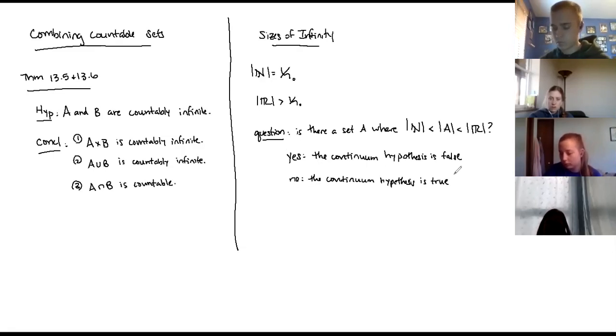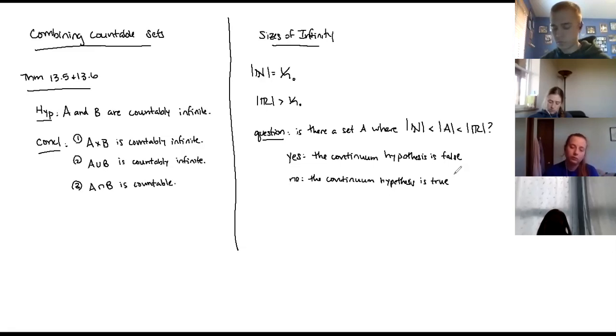And if we say no, then the continuum hypothesis is true. That's what we're saying here. It's more complicated than saying we don't know whether the continuum hypothesis is true or false.